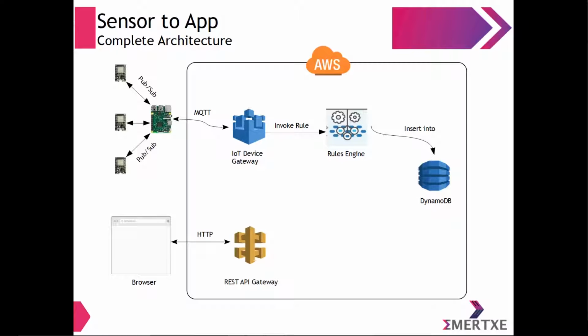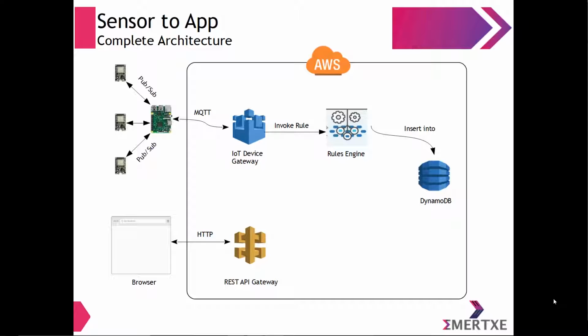In general, a client application which runs inside a browser can access data from a web server using REST APIs. So we will use the Amazon AWS REST API Gateway component to build a web service. Specifically, we need to implement a GET method on the REST API endpoint which we'll be providing to client applications.